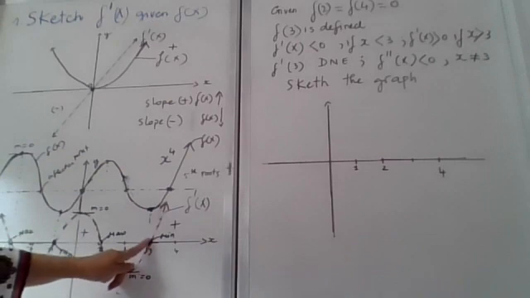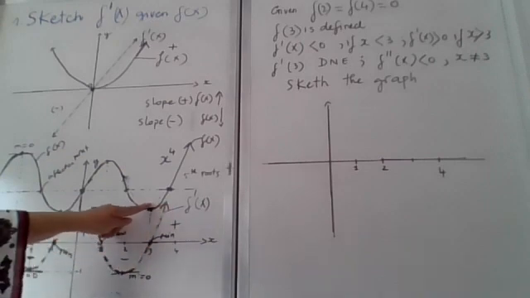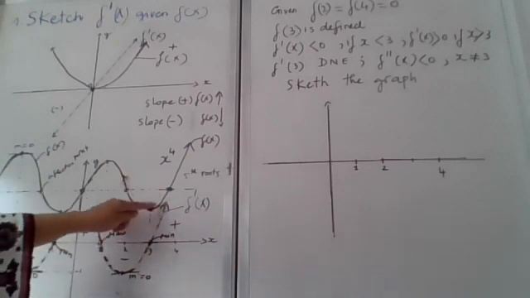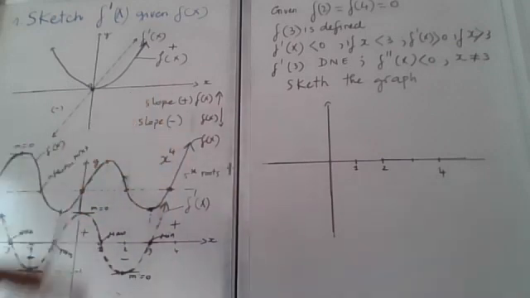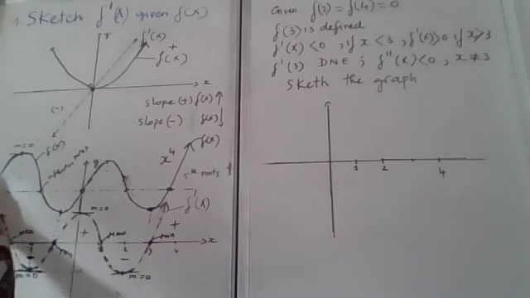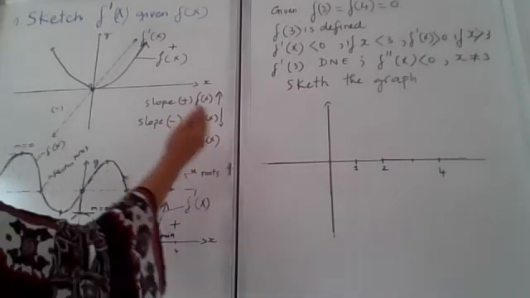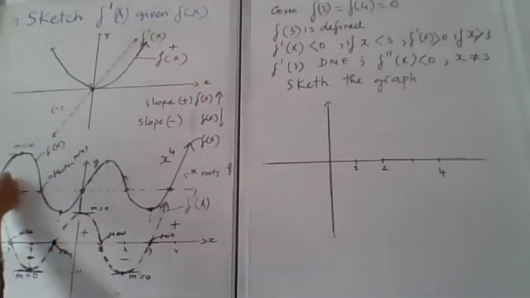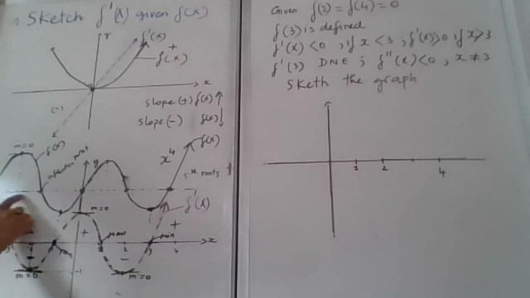So now here your function is increasing, so it has to go up. I'm talking about this part, where before we put the pen up here, but we realize that this is a wave curve, it keeps going. If it's like this, it means it has to cut through the line.